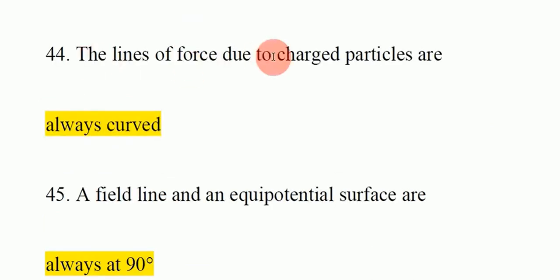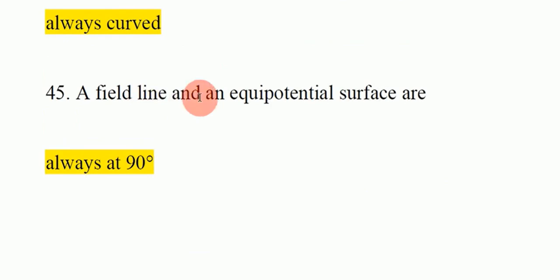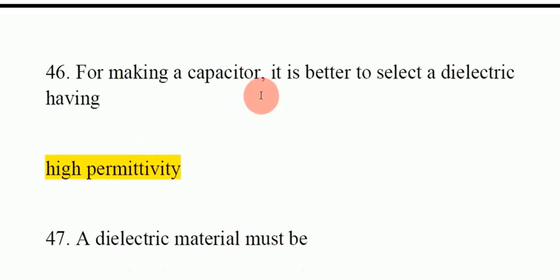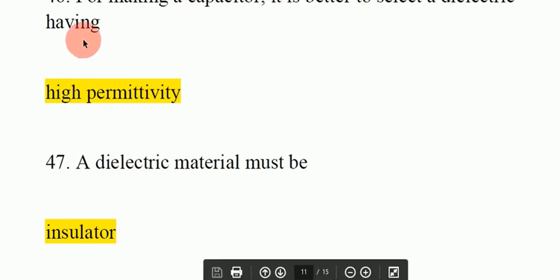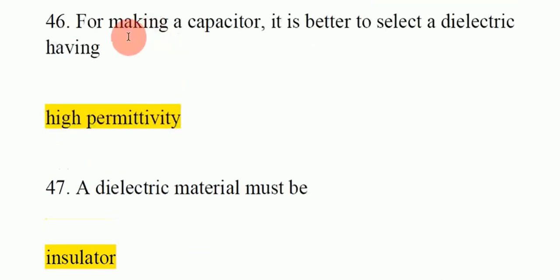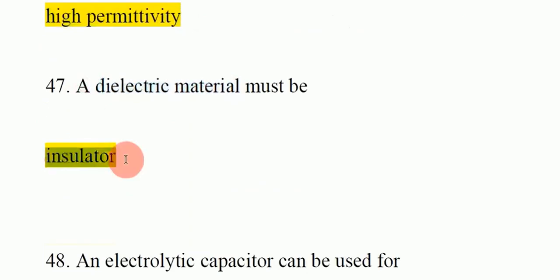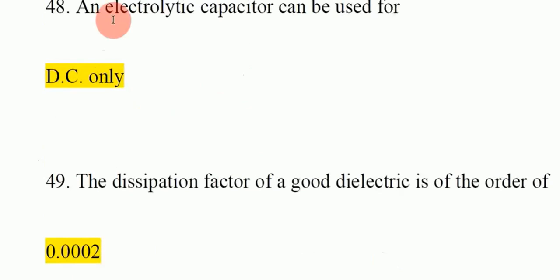The lines of force due to a charged particle are always curved, and a field line and an equipotential surface are always at 90 degrees. For making a capacitor, it is better to select a dielectric having high permittivity. The dielectric material must be an insulator. An electrolytic capacitor can be used for DC only.